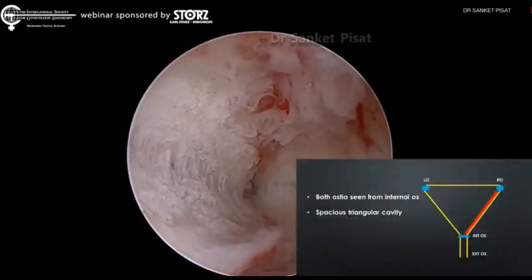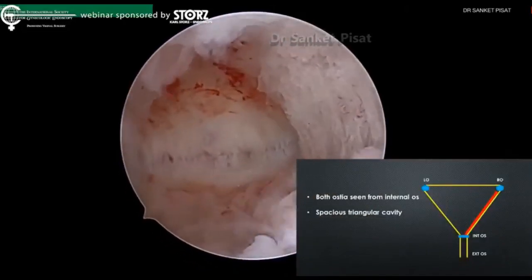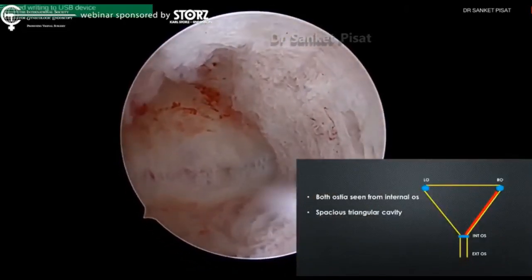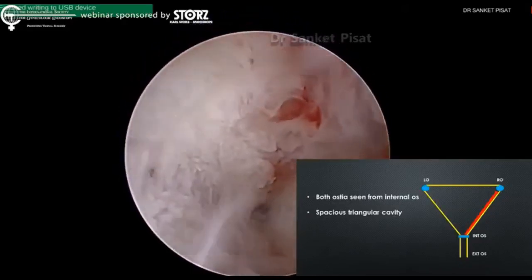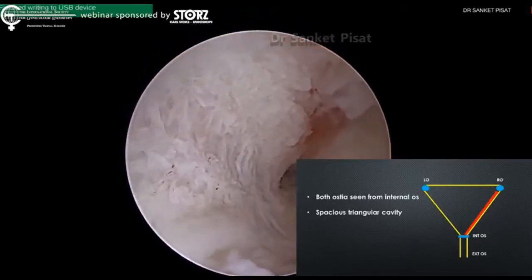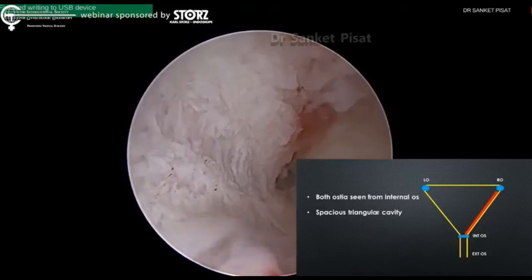Now one can appreciate that from the level of the internal os, one ostium is seen, the other ostium is seen, and one can also see the blood vessels pulsating on both lateral walls and at the fundus.